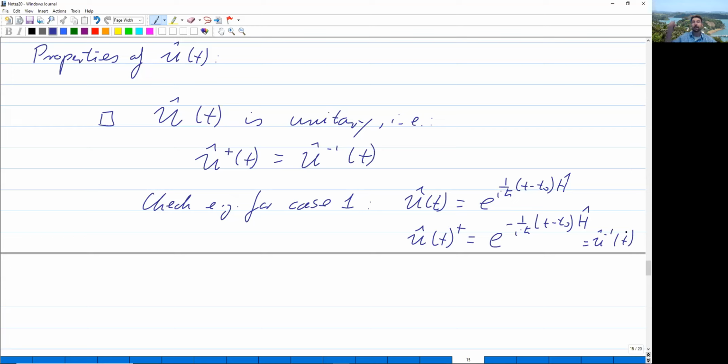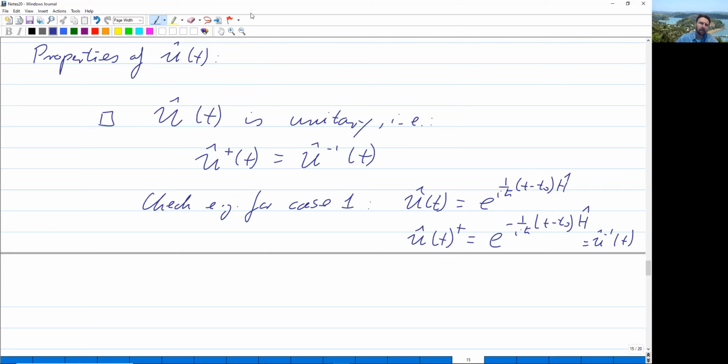And how do you see that this must be the case? Remember that the unitary is diagonal in the same basis as the Hamiltonian is. And that means that the eigenvalues of the unitary are given by e to the power of 1 over i h bar (t minus t naught) times En.